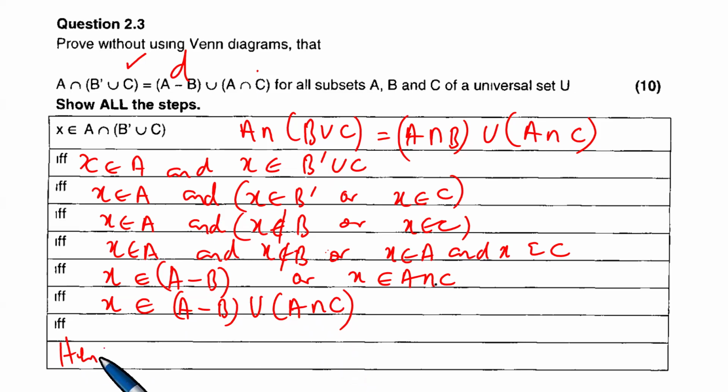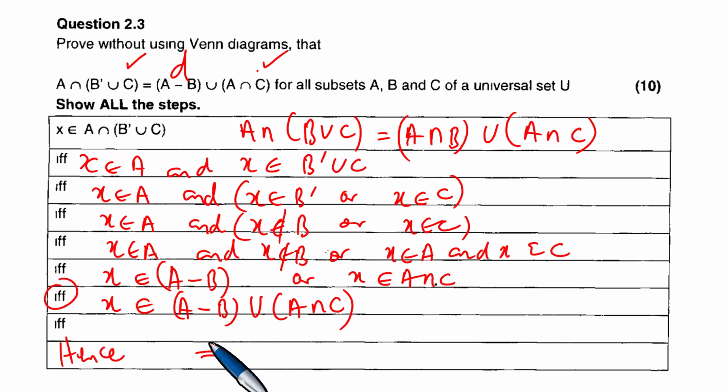Hence, in the end, obviously you would have proven this particular property. In other words, we have shown that whenever X is an element of A intersection (B complement union C), it is exactly an element of (A minus B) union (A intersection C), and vice versa, because of the if and only if.